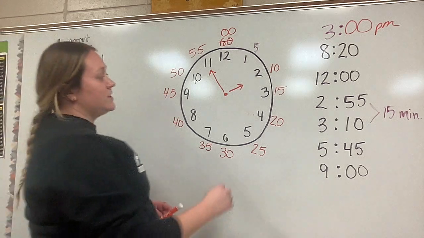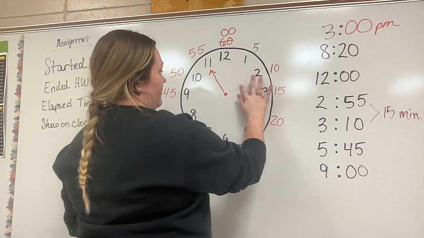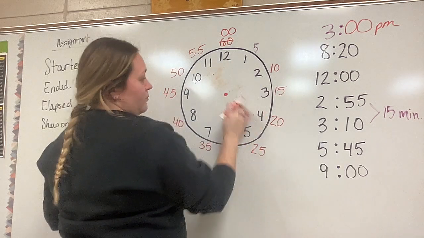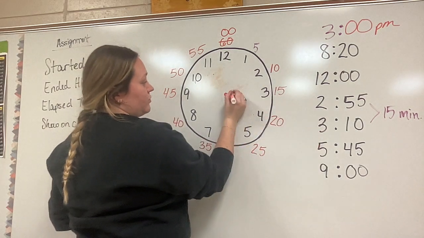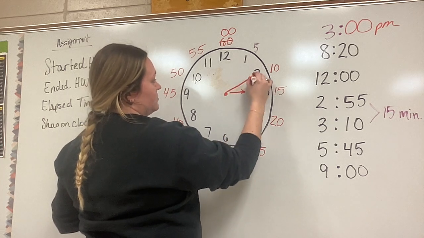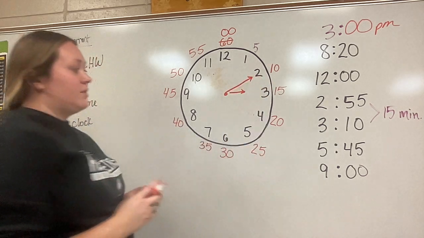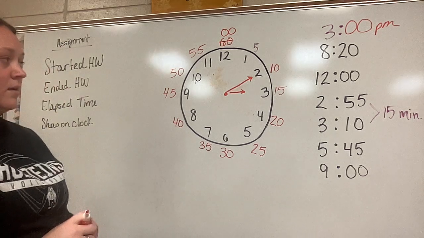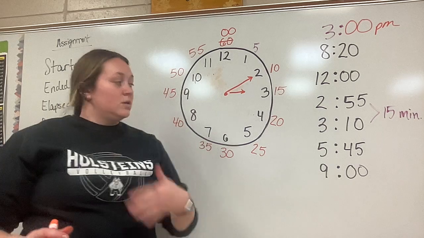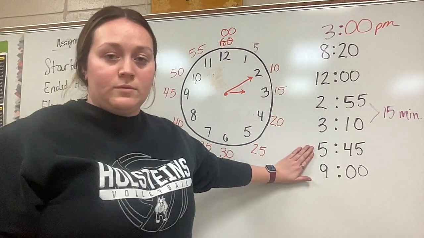Now let's do 3:10 to 5:45. So again, the little hand goes to the 3 to represent my hours. The big hand goes to the 10 to represent my minutes. I've got 3:10. Okay? Now I want to go to 5:45.